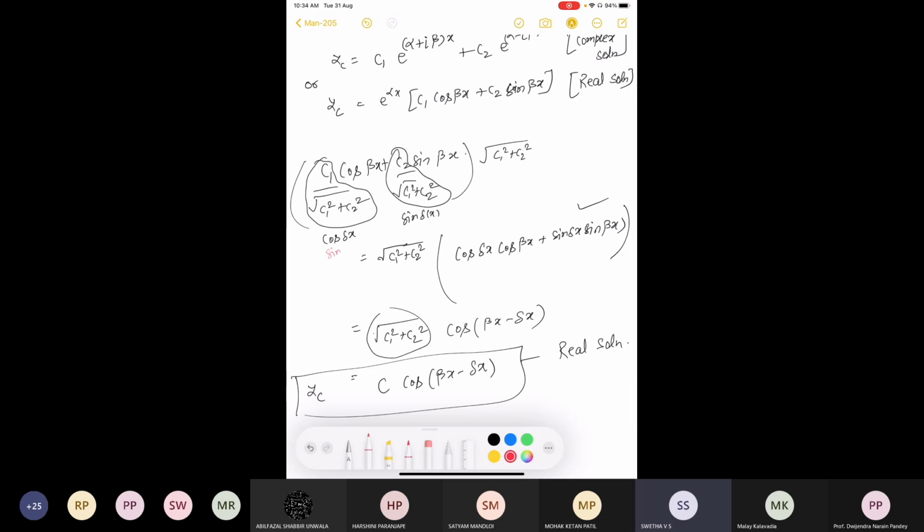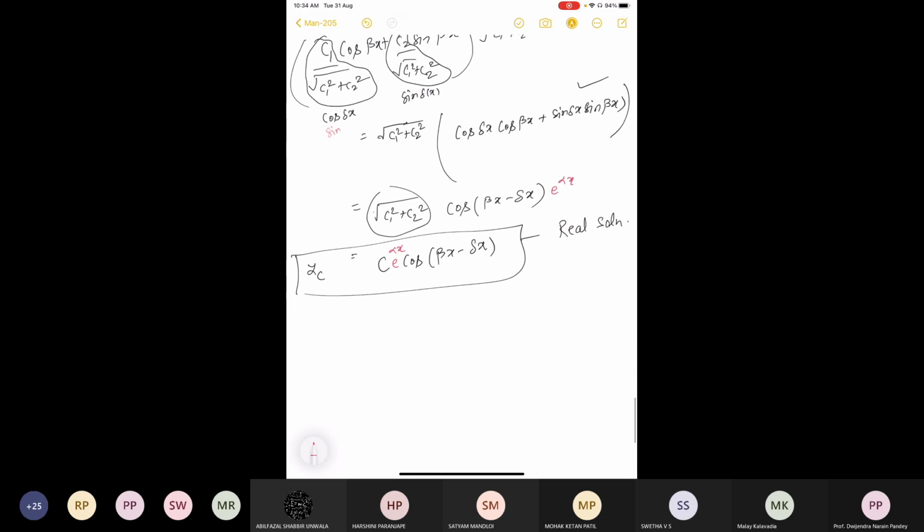Yes, e to power alpha x will be there, because what we are changing is only this part. Okay, thank you very much. So C e to power alpha x cos of (beta x minus delta x) is another real solution.